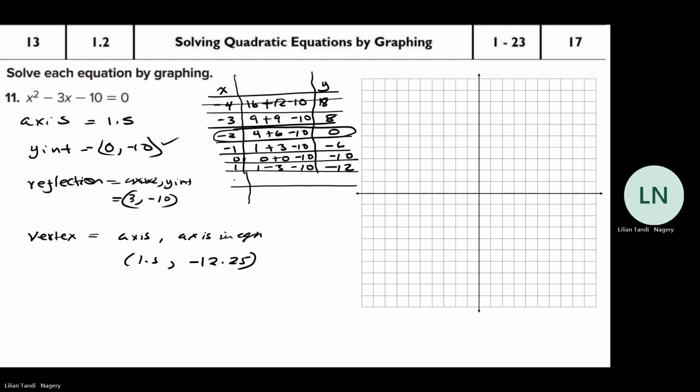Okay. 2 will give me 4 minus 6 minus 10. 4 minus 6 is -2.